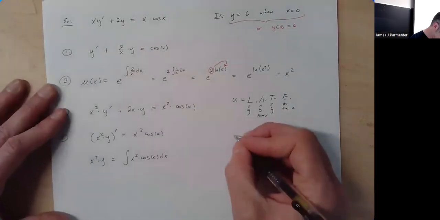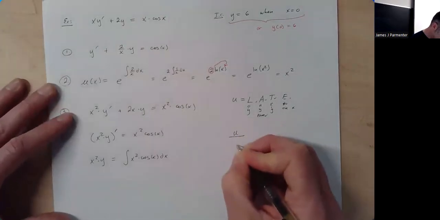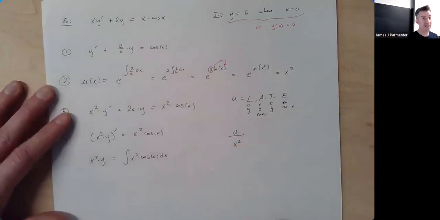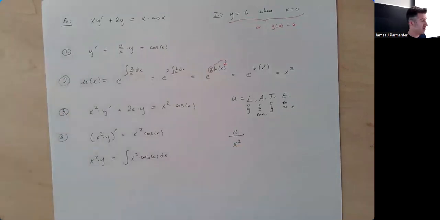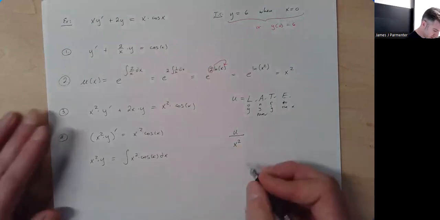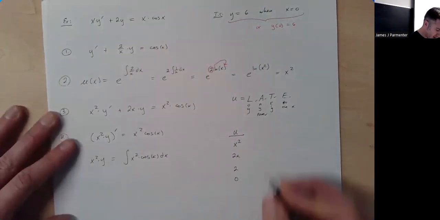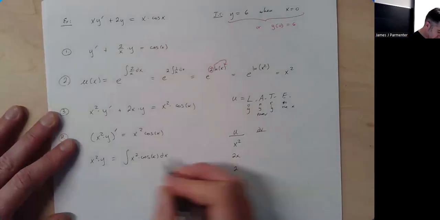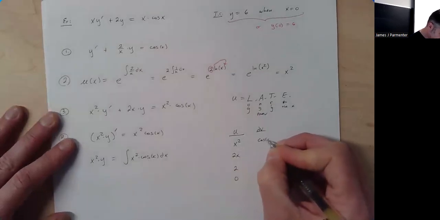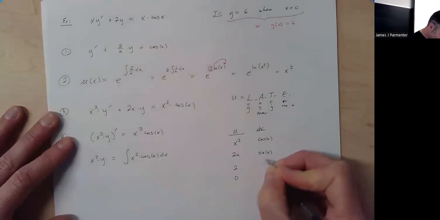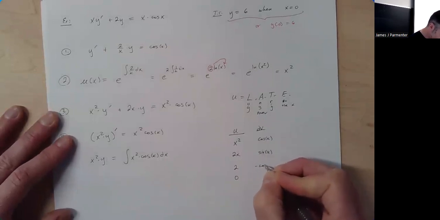Or we can use tabular, where we say my u is x squared, and then we find all the derivatives of u until you get to 0. That's why it has to be x to a power, so that the derivative is eventually 0. So my derivatives are 2x, 2, and 0. And then my dv is going to be cosine x, and then we find all the antiderivatives. The antiderivative of cosine is sine. The antiderivative of sine of x is negative cosine of x.